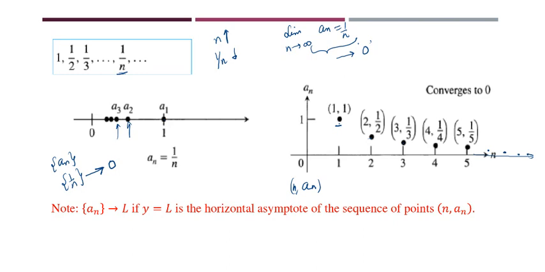So I can say that this line, the x-axis, that is the line y is equal to 0, is a horizontal asymptote to the sequence of points. This is just an observation right now. Okay, we are not concluding it.